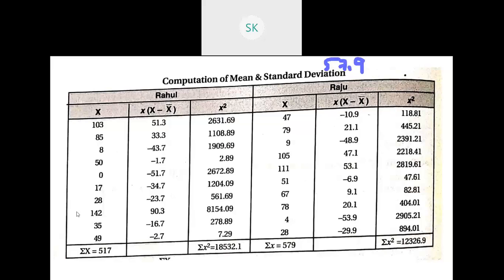So when we are finding the deviations, we will have to consider x, which is given here. X minus x bar, where x bar is 57.9. So we do 47 minus 57.9, which is minus 10.9.